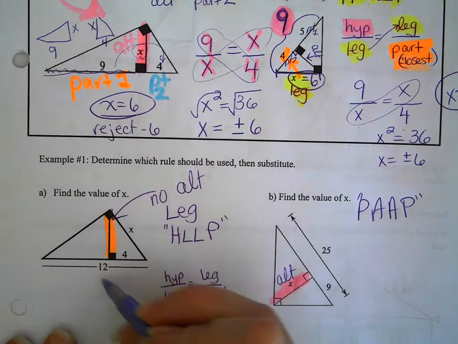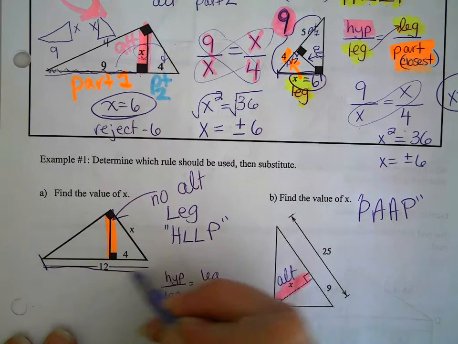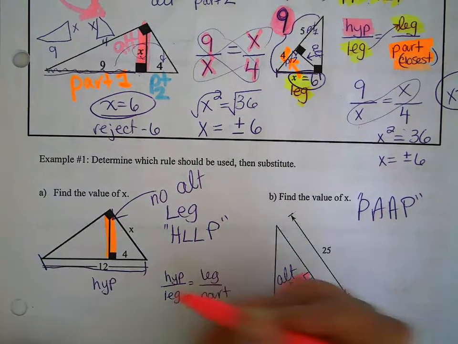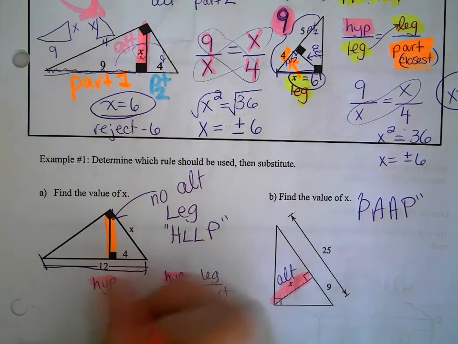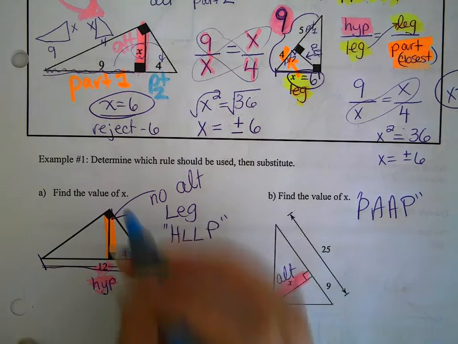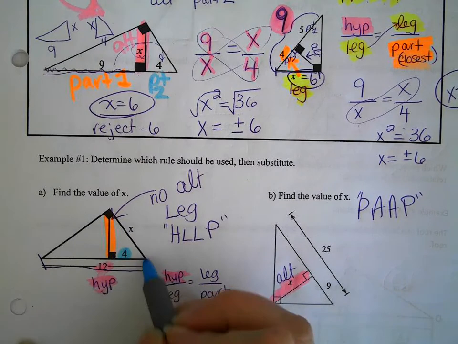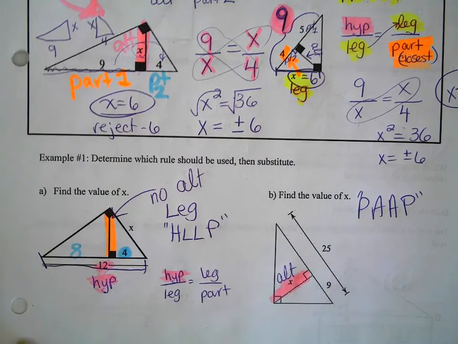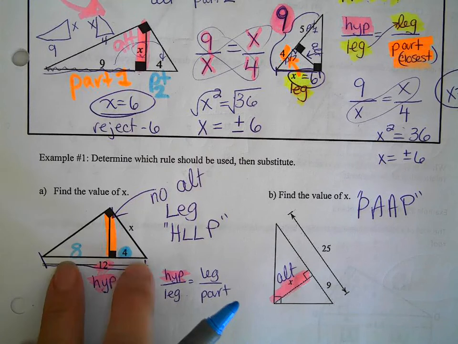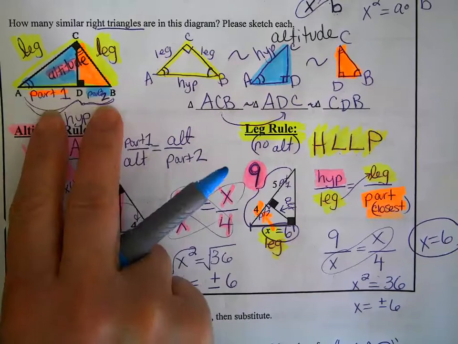So looking at the picture, this 12 is representing this entire hypotenuse. So that means our hypotenuse is 12. That 4 is a part of this whole hypotenuse. Well, if that's 4, remember that this is 8 over here. So there's 2 parts, the 8 and the 4, just like our original picture, to make the whole hypotenuse.